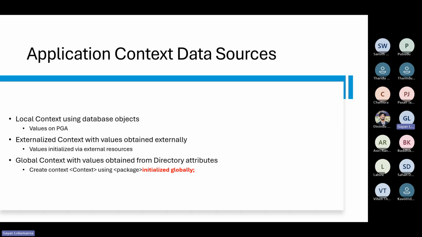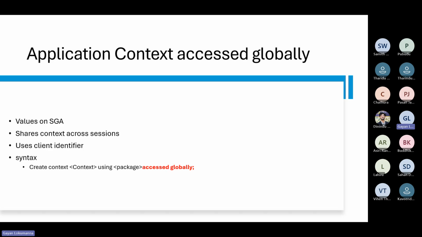There are various things when it comes to application context, so I'm not going to talk about all of them right now. I thought we will start off with the demonstration, and along the way I will touch upon these areas, or maybe even complete the full demonstration and then come back to these slides.